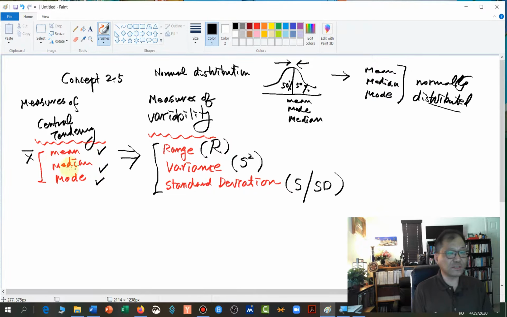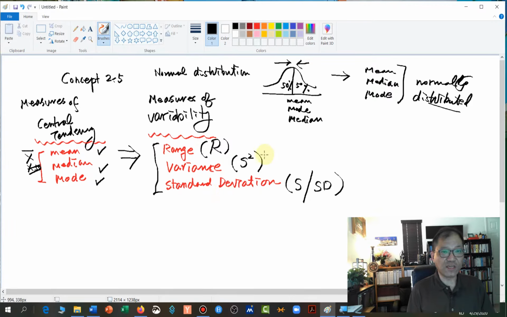Median is just median. Mode is just mode. Some textbook will say median is 0.50. That means 50%, right in the middle. But it's really rare to see it. You will just see it median.